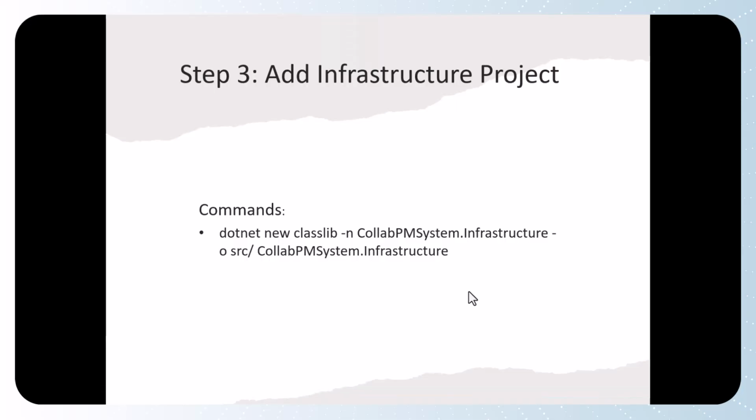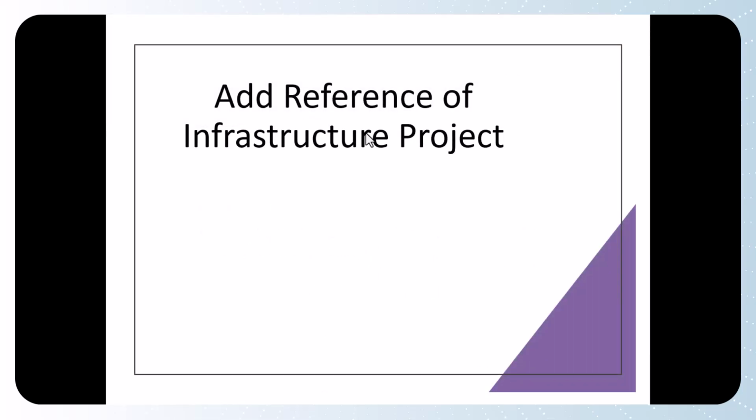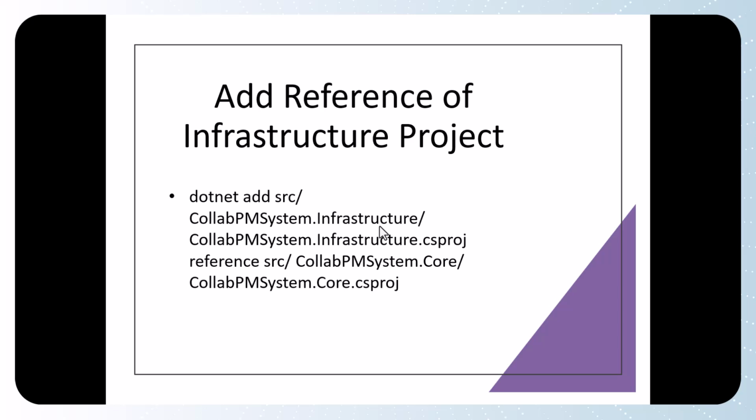So I have done up to this, add the infrastructure project successfully, and then I will add this infrastructure project to the solution. Okay, and after that I will add reference of the infrastructure project to the core project. Okay, so these are the steps that are due next.